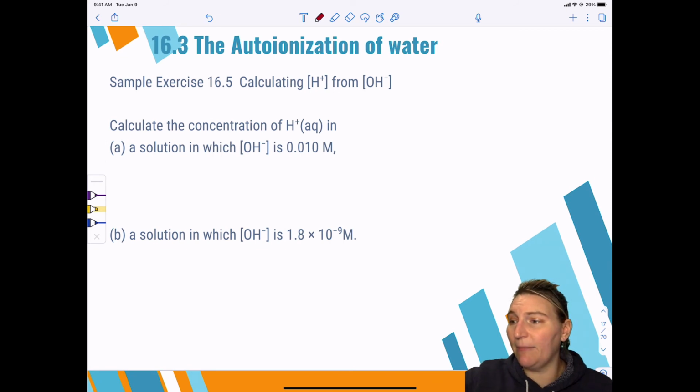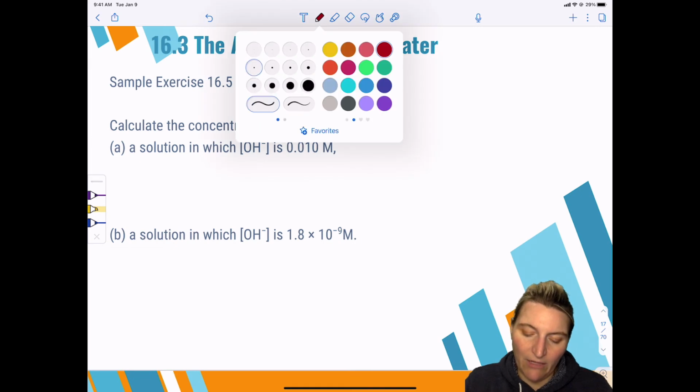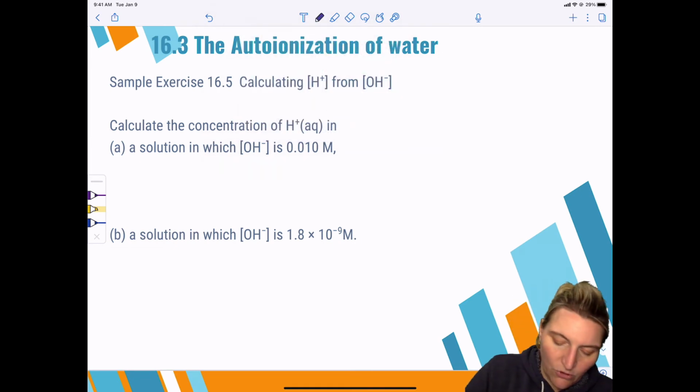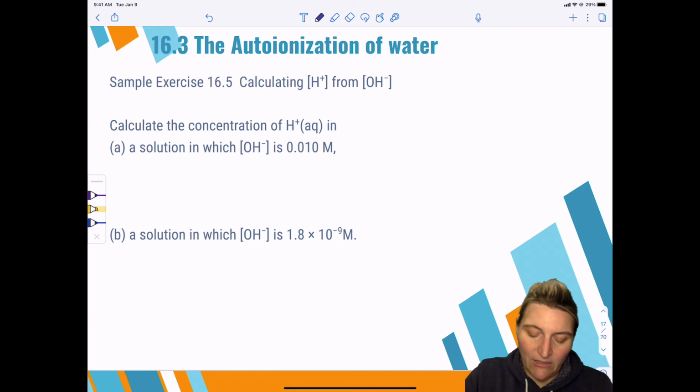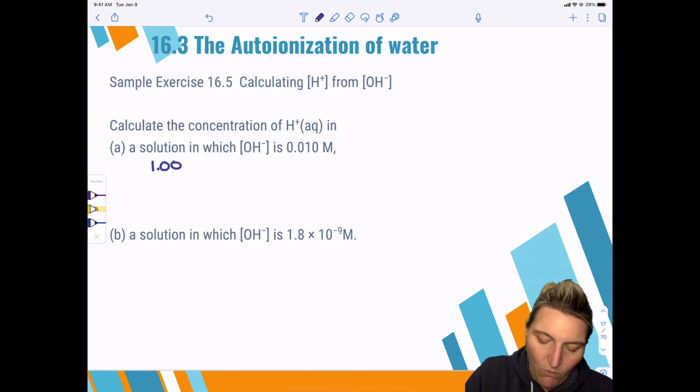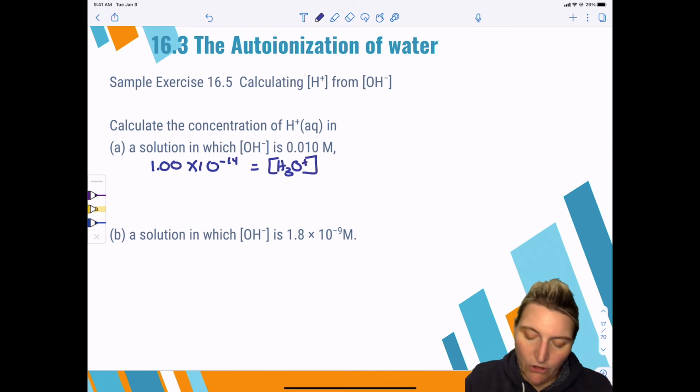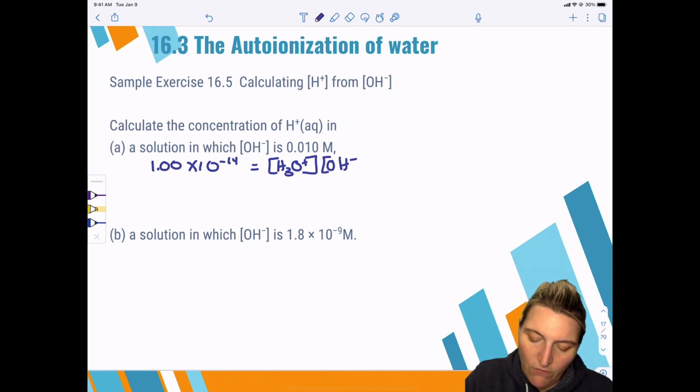So here's a couple of sample calculations of really just using that formula. A solution in which the OH minus is 0.010 molarity, calculate the H plus. So anytime we have one and we need to find the other, we're using this formula. 1.00 times 10 to the negative 14 equals the concentration of H3O plus, or H plus, those are interchangeable, times the concentration of OH minus.